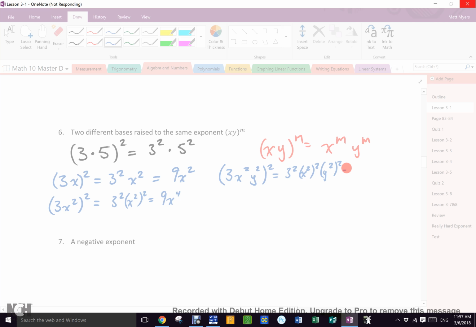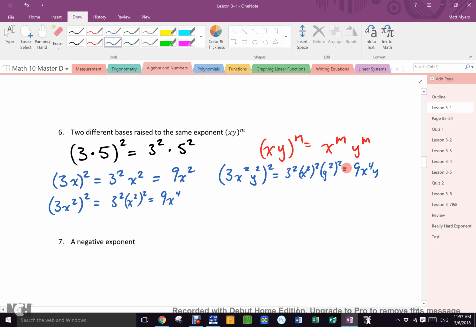Lovely. And then 2 more of these fuzzy ones around the edges. 3x squared y squared x to the 3rd, all squared.